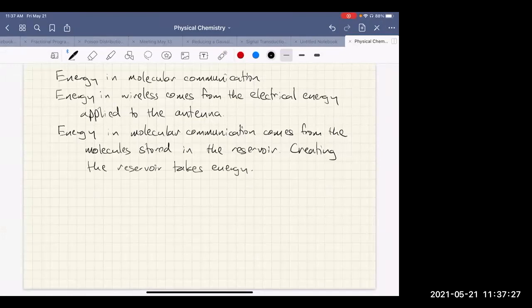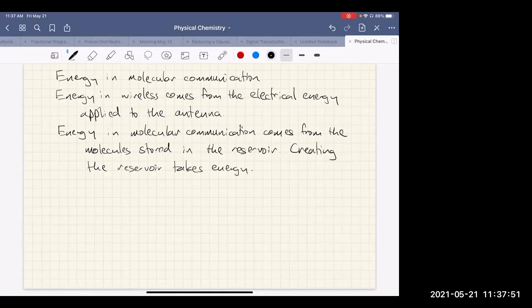We must think about how energy works here, because otherwise it's a completely free lunch. If there was no energy at all in creating a reservoir, then it seems like molecular communication is completely free. But we know from analogy to nature that that's not true.